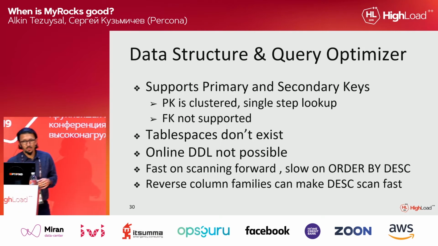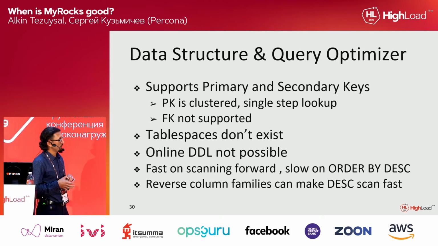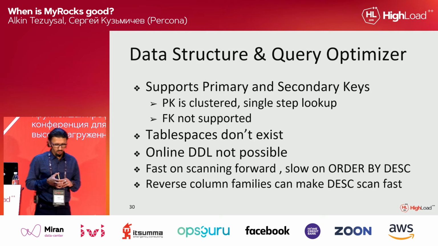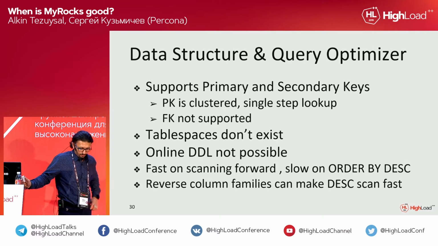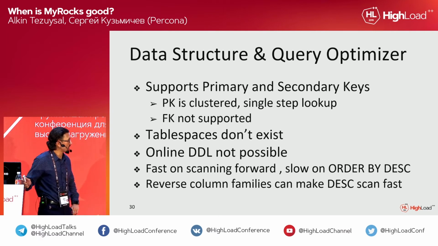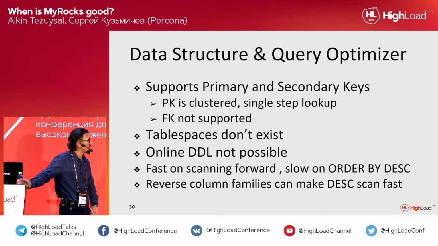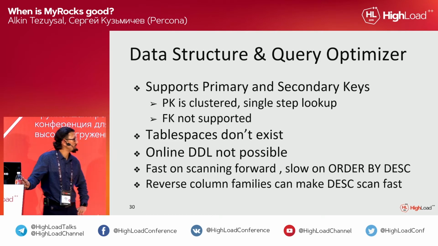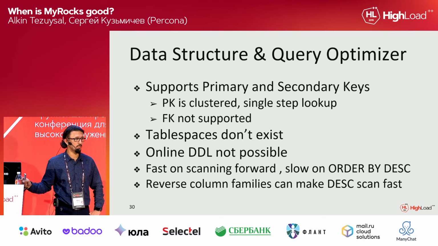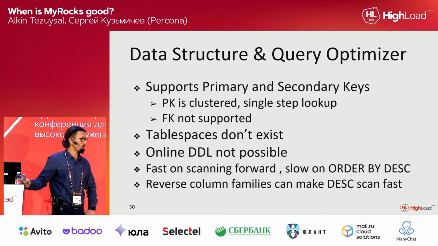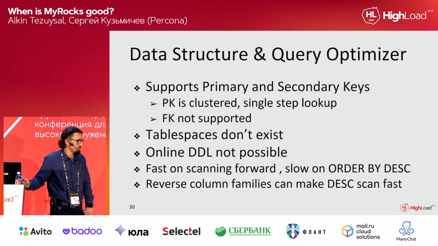Okay. So the data structure and the query optimizer are slightly different versus InnoDB or traditional engines. It has a clustered primary key, which InnoDB has as well, and you would create a primary key for your tables as a best practice. If you don't, what happens? It does create one clustered primary key for you as a row ID, and foreign keys aren't supported.